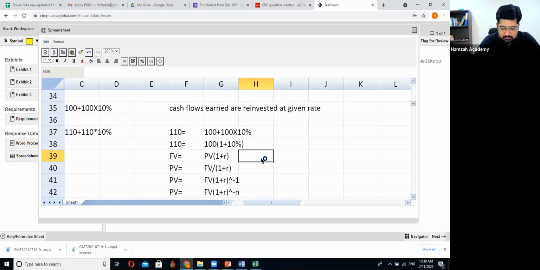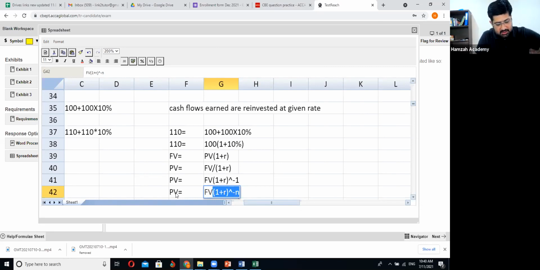Now, students, this 1 plus r raised to power minus n converts future value into present value.